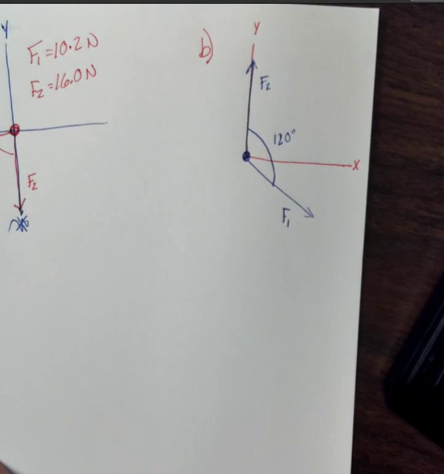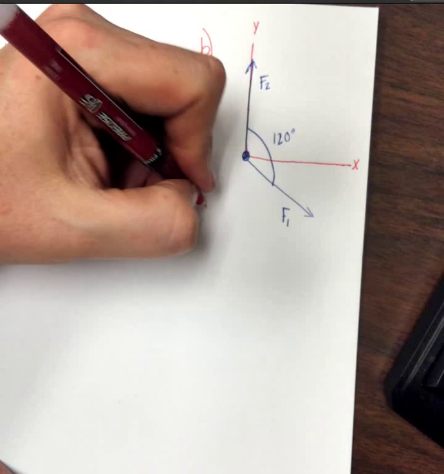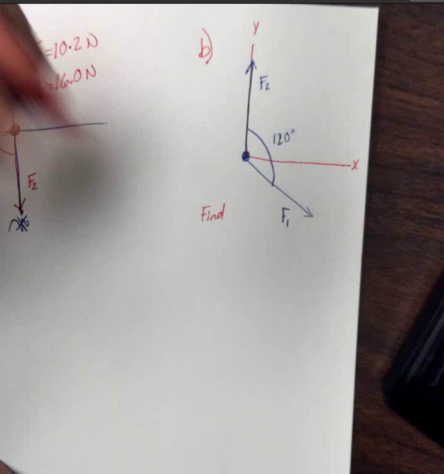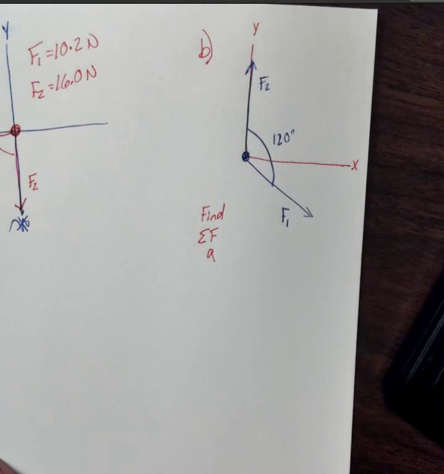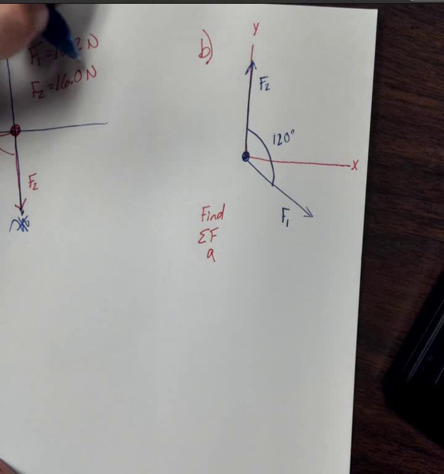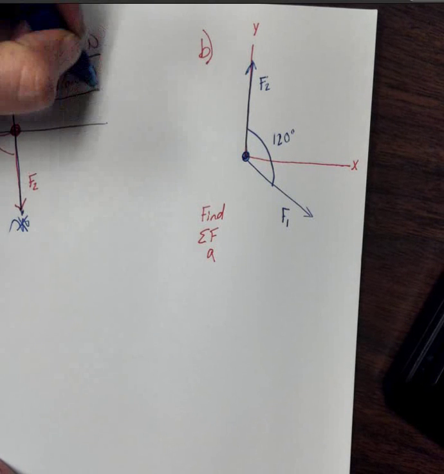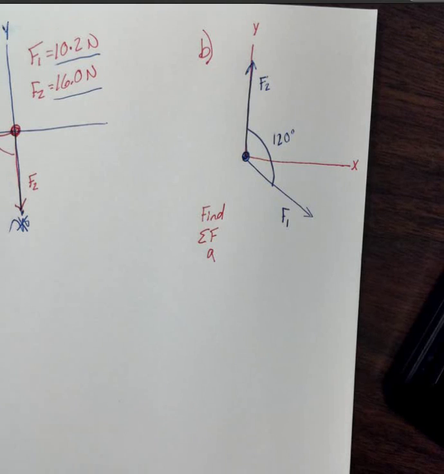So again, you're trying to find the sum of these two forces and the acceleration. And again, for this one, F1 is 10.2 newtons and F2 is 16.2 newtons.